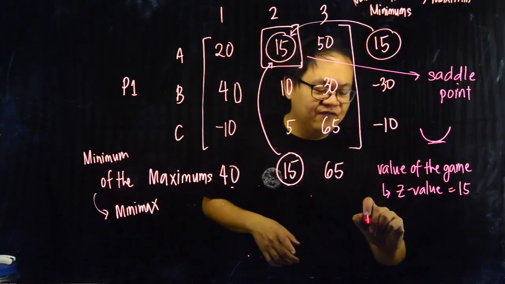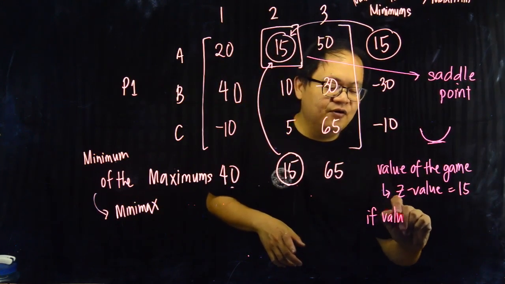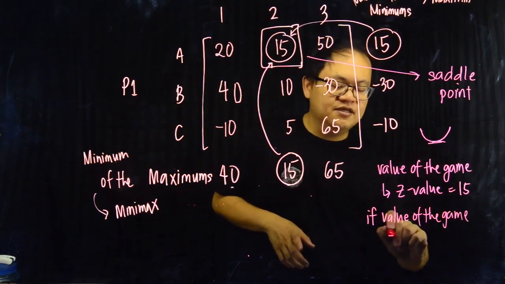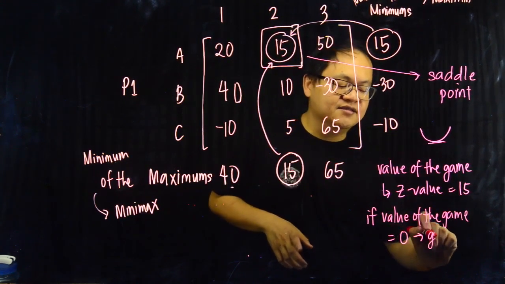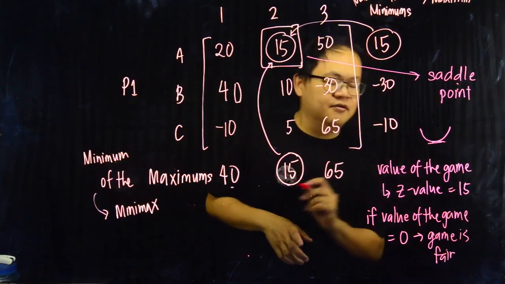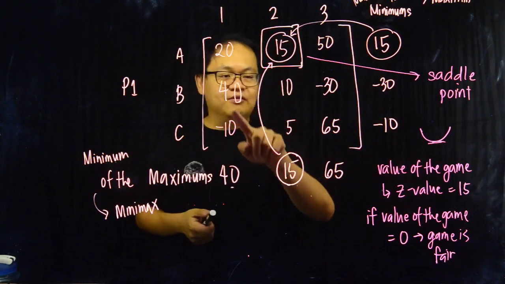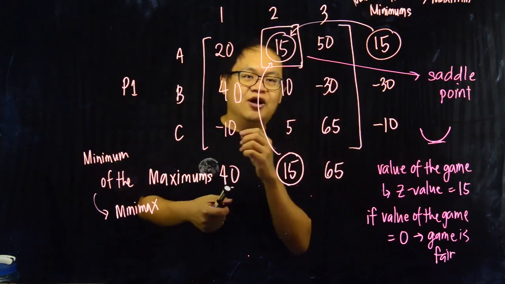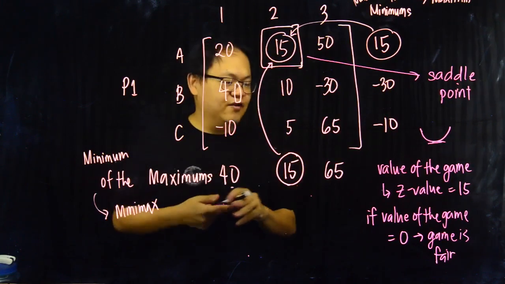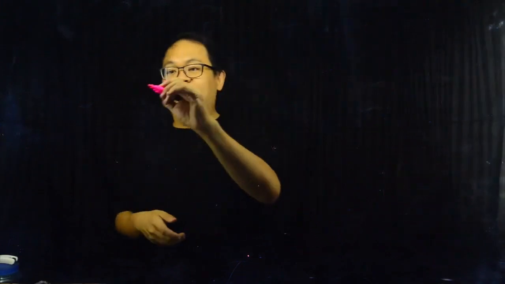And if the value of the game is equal to 0, then the game is said to be fair. Okay? We don't care about the other numbers. As long as the value of the game is 0, the game is said to be fair.